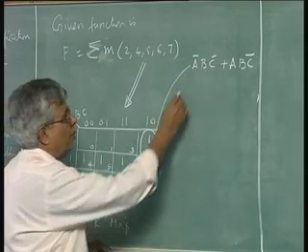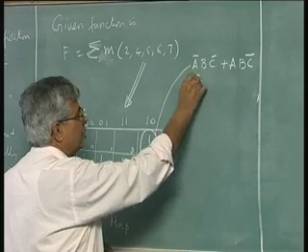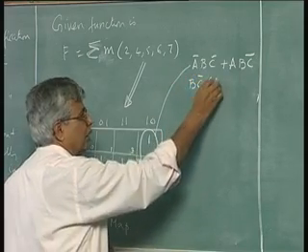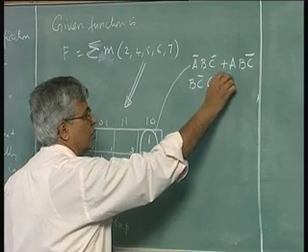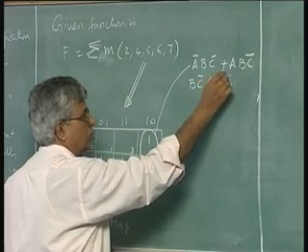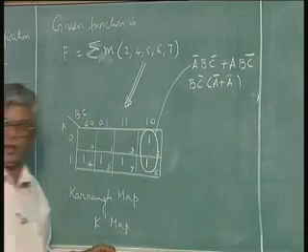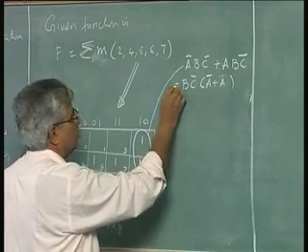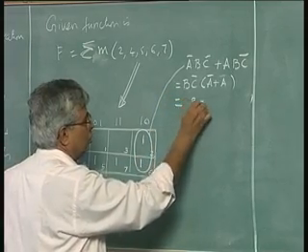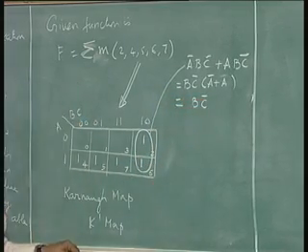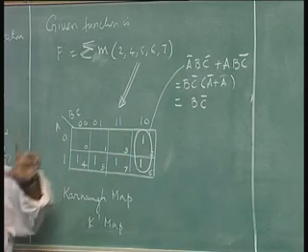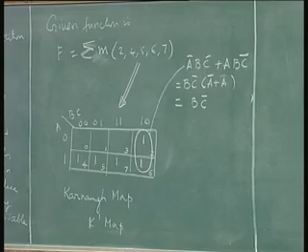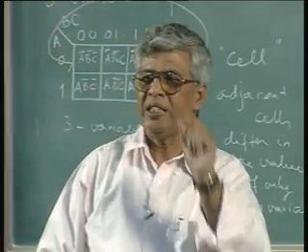So B C bar is common, take B C bar out, using that distributive property, A plus A bar is 1, a known identity. So these two cells can be merged or combined into a single term of B C bar.